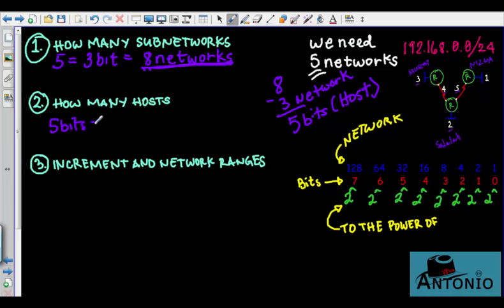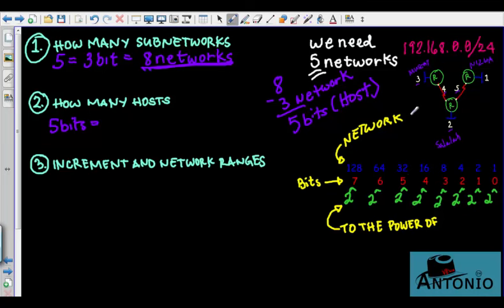So 5 bits is equal to, look at the bits, this one in red color. So where is the number 5 there? So that is number 5. Above number 5 is number 32.